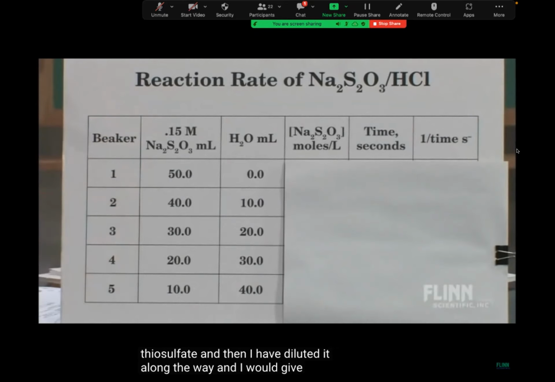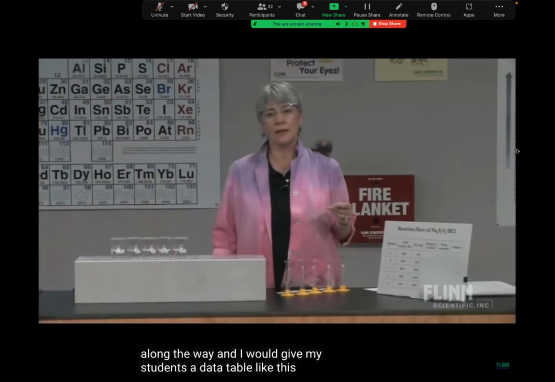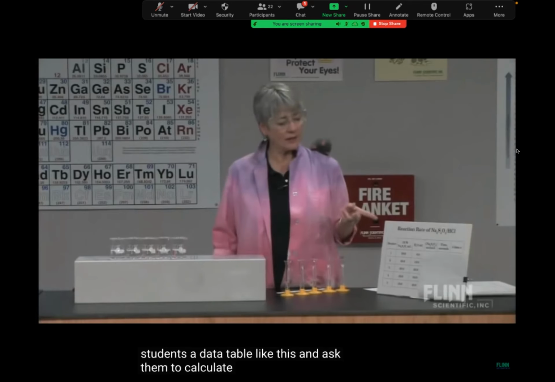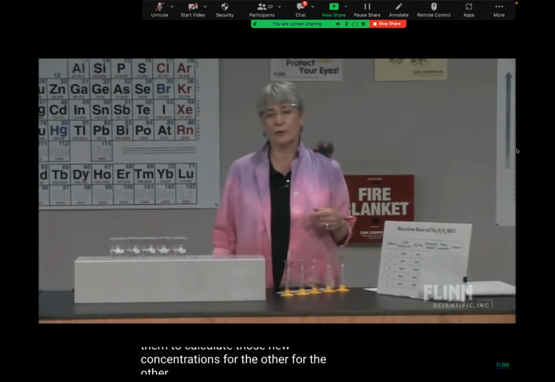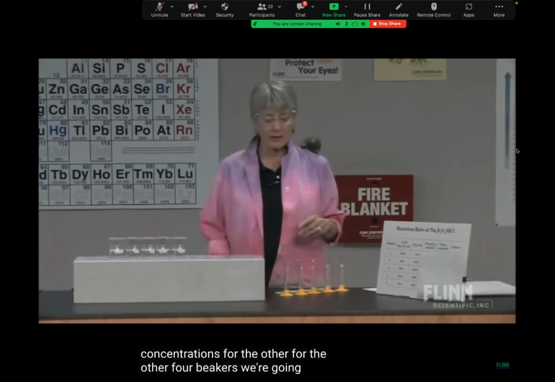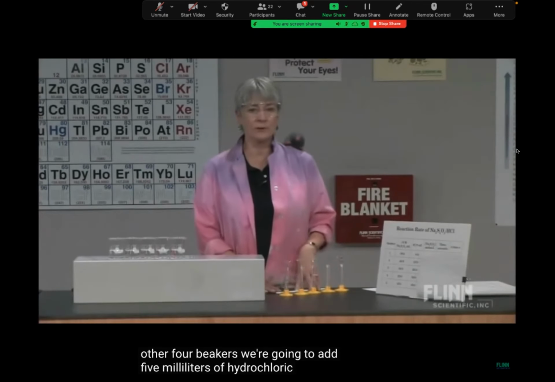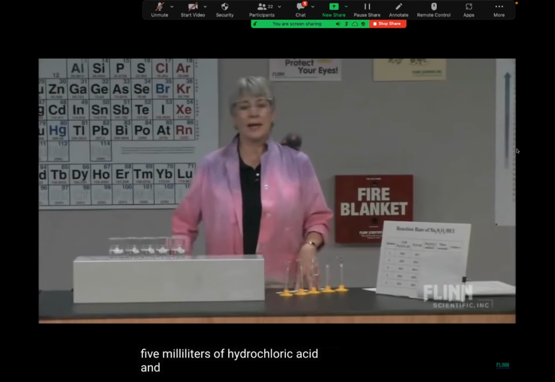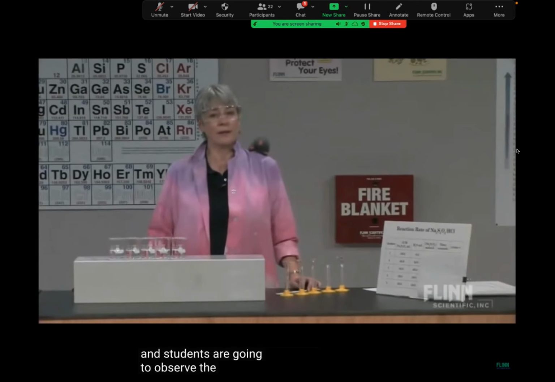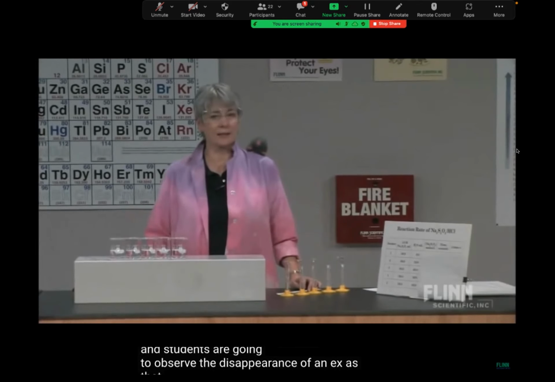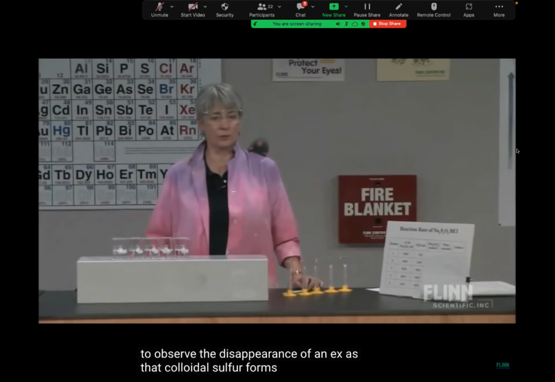I would give my students a data table like this and ask them to calculate those new concentrations for the other 4 beakers. We're going to add 5 milliliters of hydrochloric acid, and the students are going to observe the disappearance of an X as that colloidal sulfur forms.